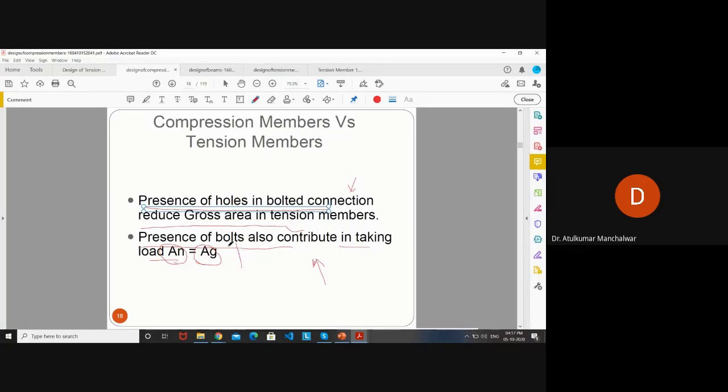That's why there is no effect of the bolt hole on the compression member. But in the tension member the bolt hole affects the strength, which reduces the gross area. So net area An will not be equal to Ag there. Here the assumption is An equals Ag, where An means net area and Ag is gross area, the actual area.